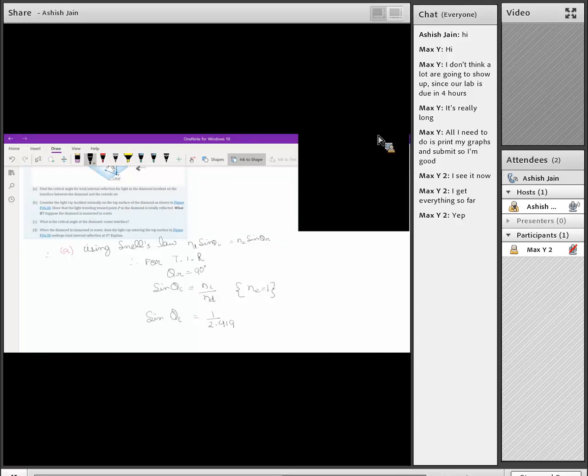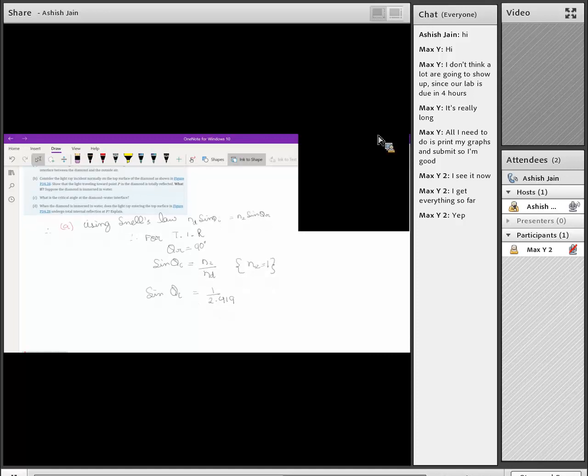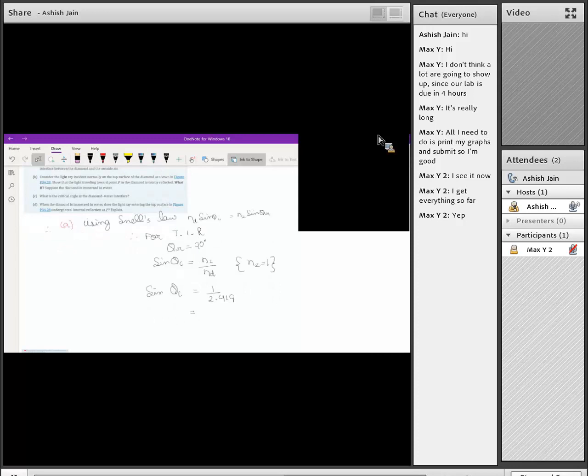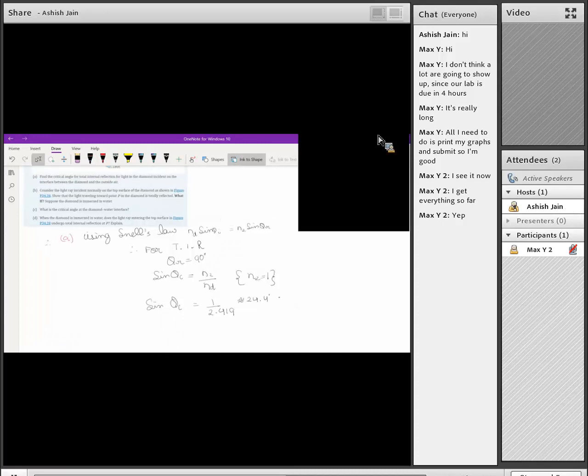Did I write the value? I didn't write the value. This should be around 24.4 degrees, if I remember. I did calculate it, I didn't write it. Approximately 24.4 degrees.